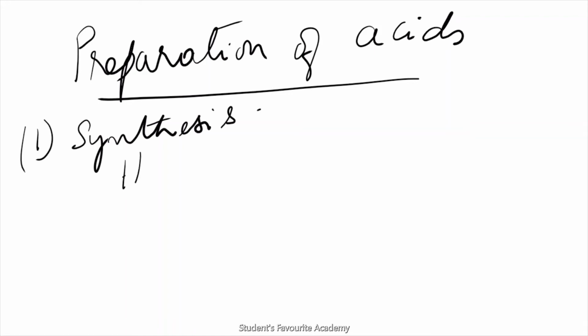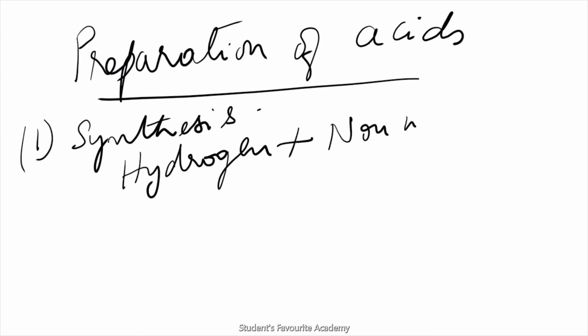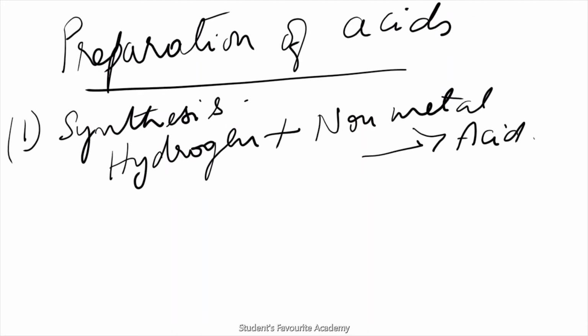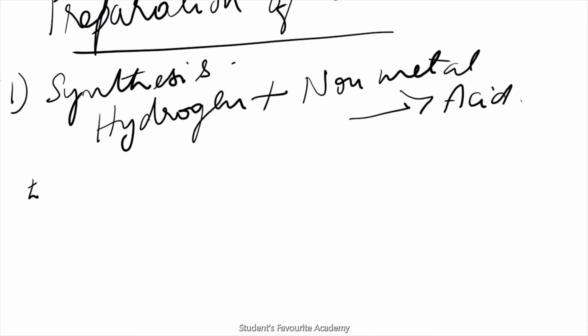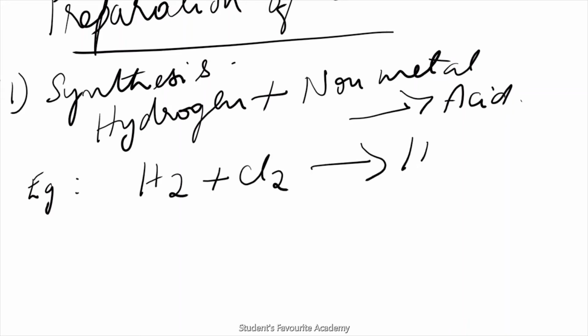Synthesis of hydrogen and one non-metal gives an acid. Okay, so here for example, H2 plus Cl2 gives HCl.